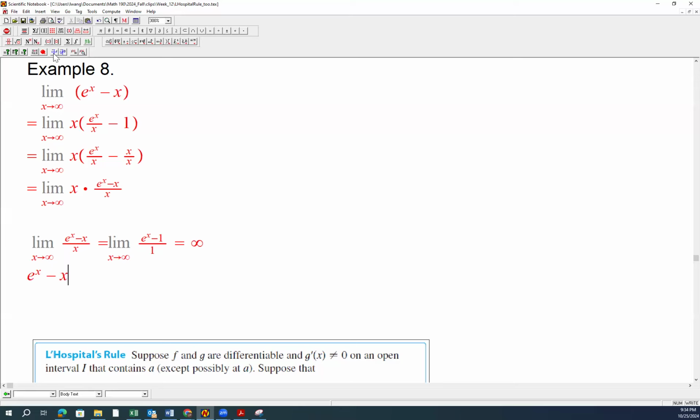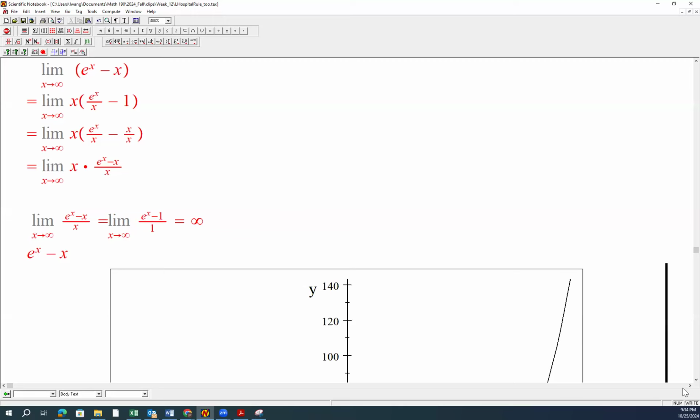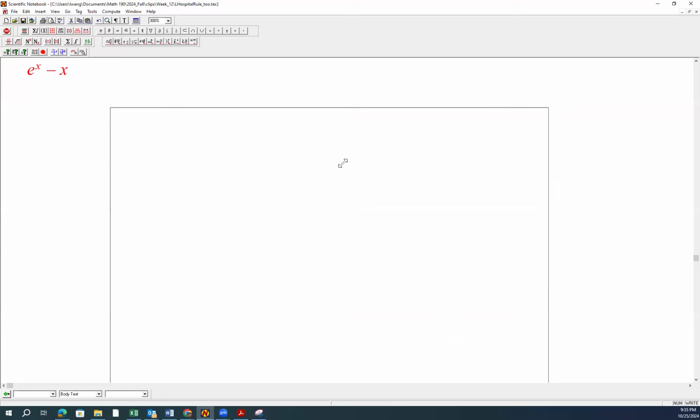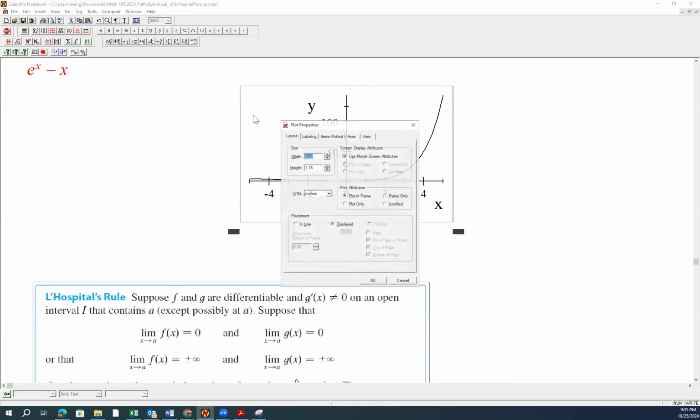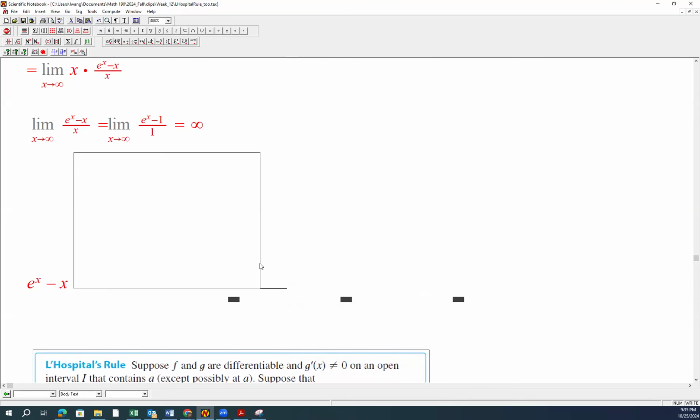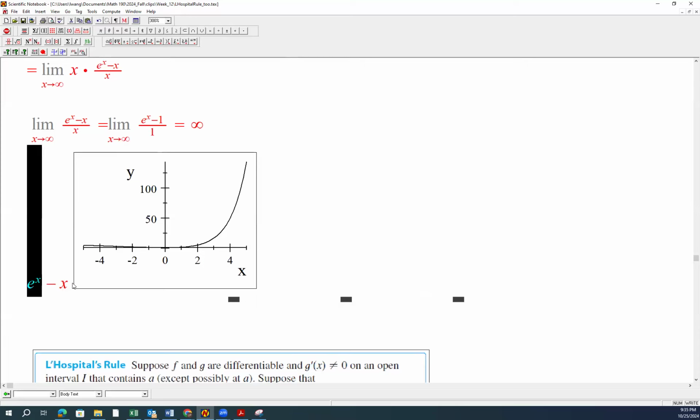The other way you can tell is from this picture. This is the graph of e to the power x. As x approaching infinity, you can see e to the power x minus x is getting higher and higher.